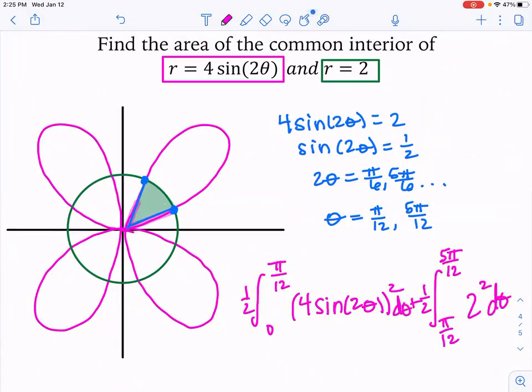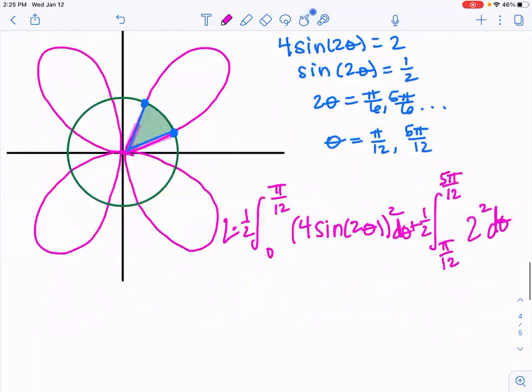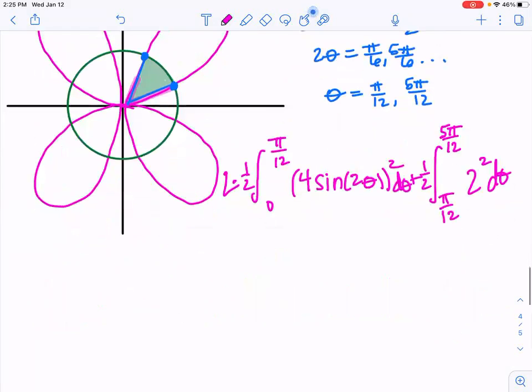And then we have to go from 5 pi over 12 to pi over 2, but that's the same as this one, so we'll just double it. The two little pink slivers are going to be the same, so we'll double it. And since I want all 4 pieces, we would have to quadruple that.